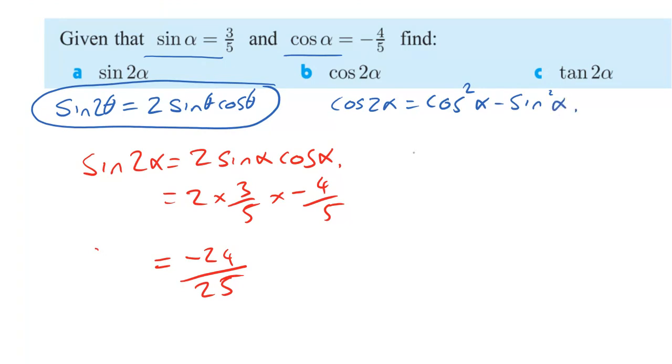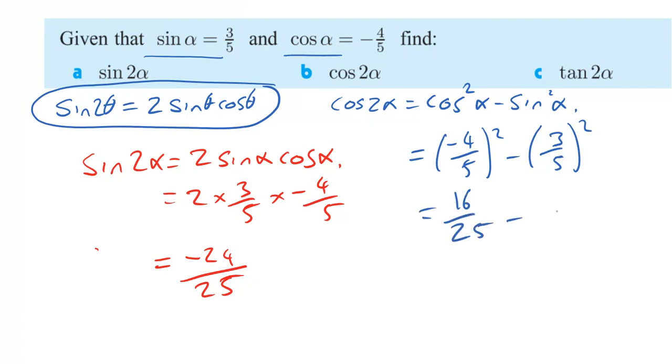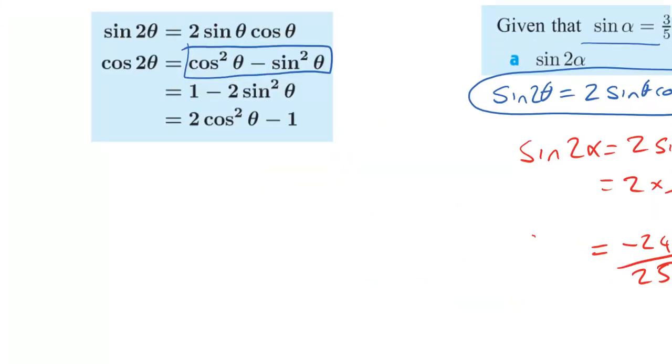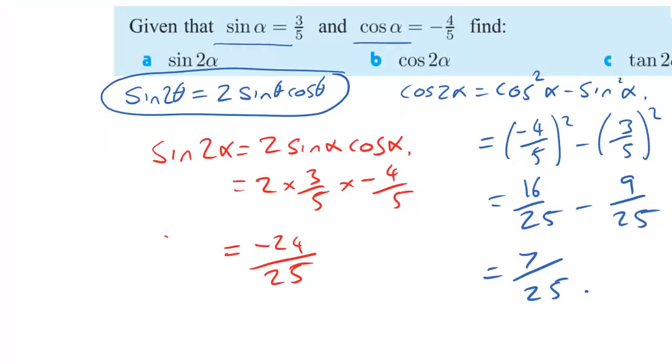So putting those numbers in, this is going to be -4/5 squared minus 3/5 squared. This is going to generate for us a positive 16/25 minus 9/25, which is 7/25.